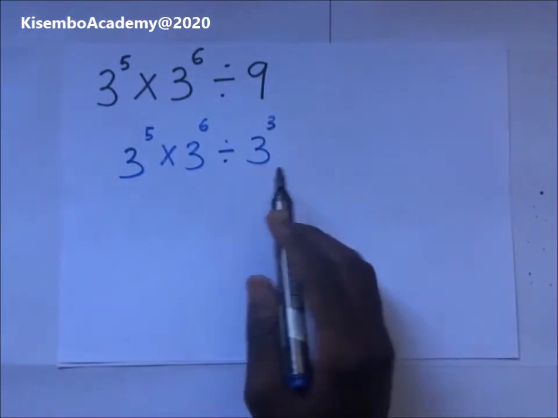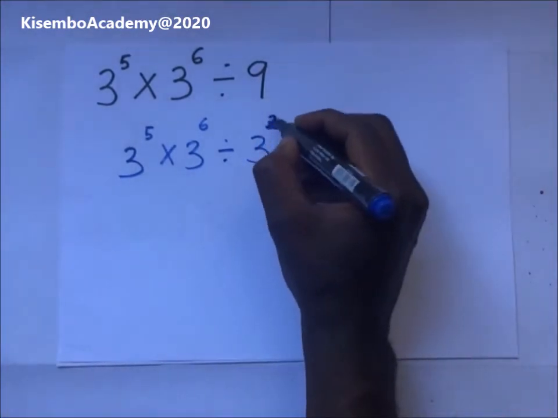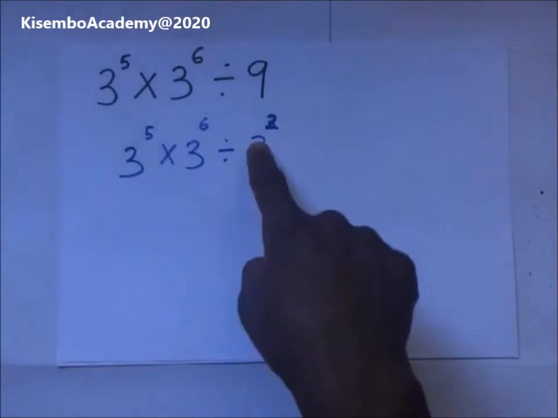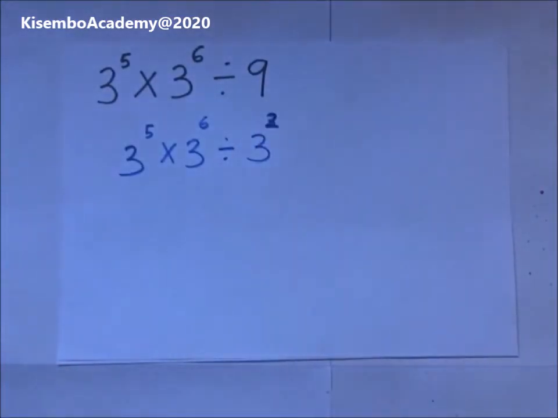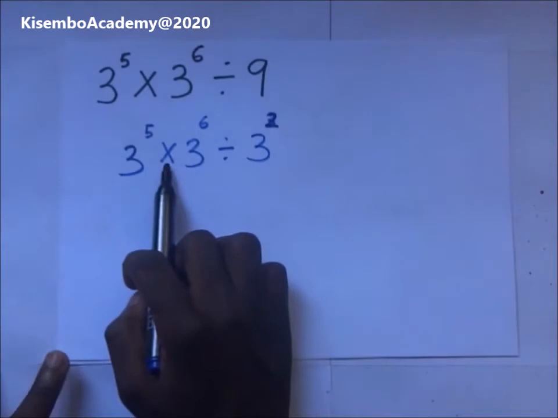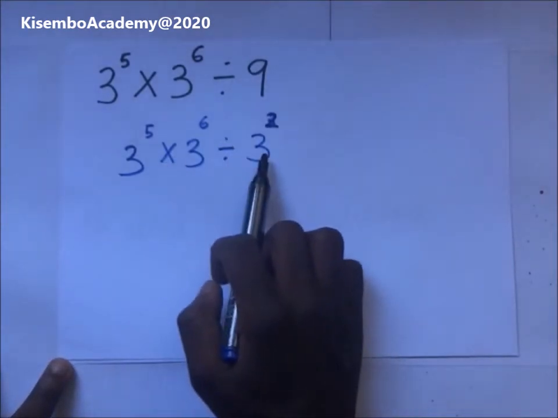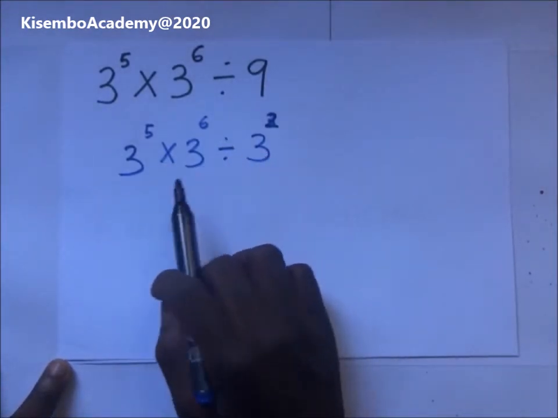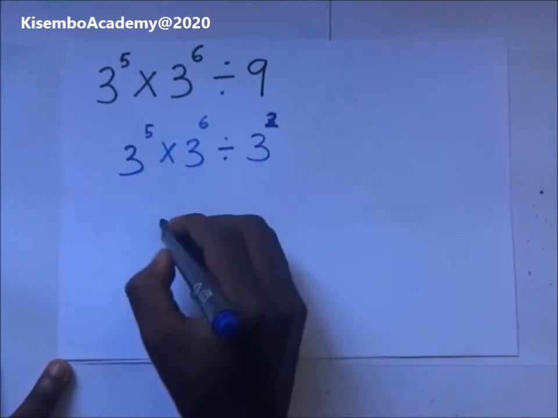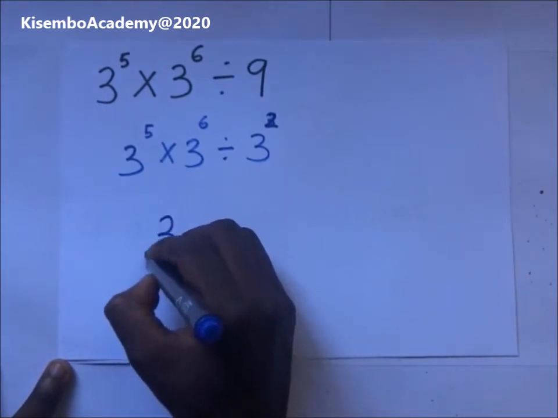Because 3 times 3 is 9, it is 3 to the power 2. So here it's multiplication, then here it's division. Since the base is the same, we are going to maintain the base.